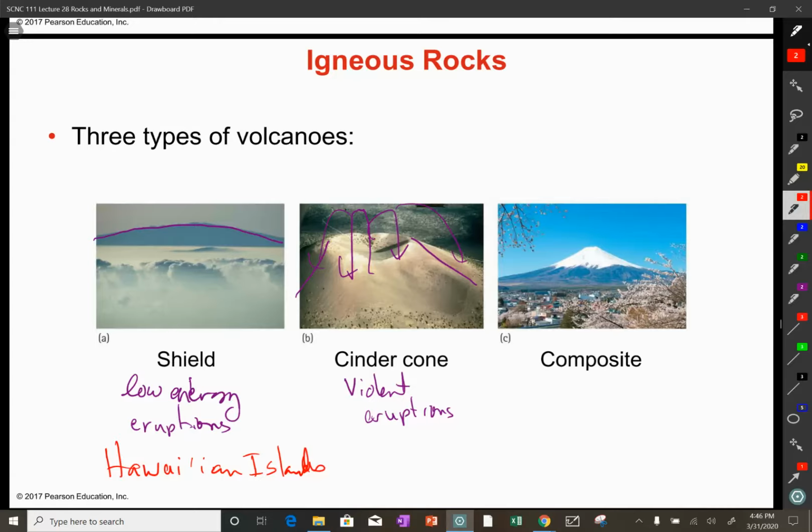So you might remember a couple of years ago, they had a volcanic eruption on Hawaii, and you just see this magma flowing down, going across the road, just going through people's houses and burning as it goes, and it forms this nice flat shield shape.